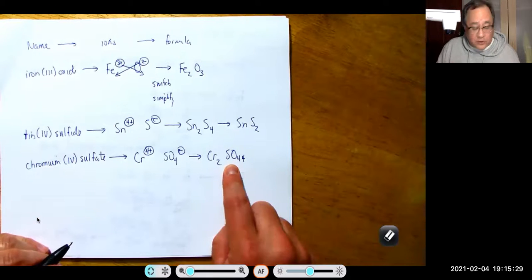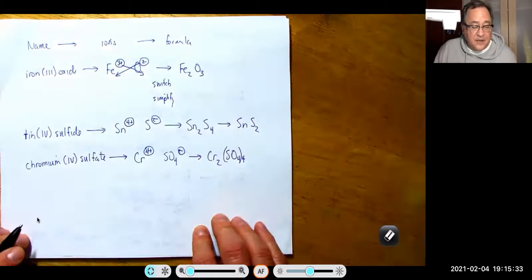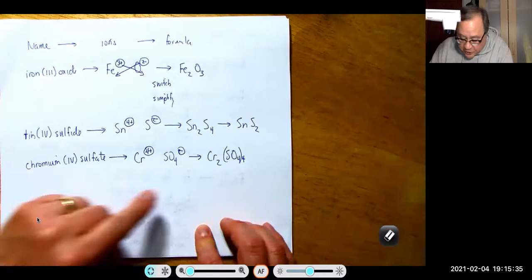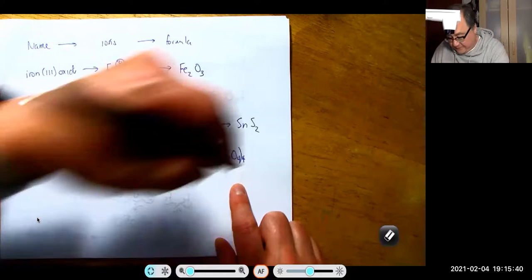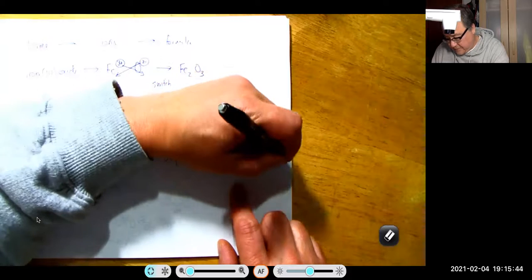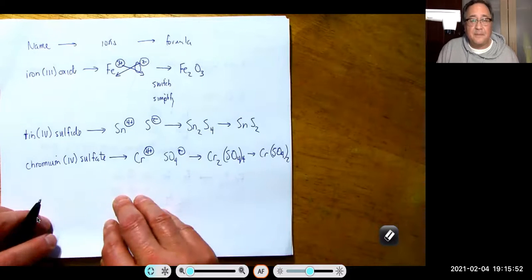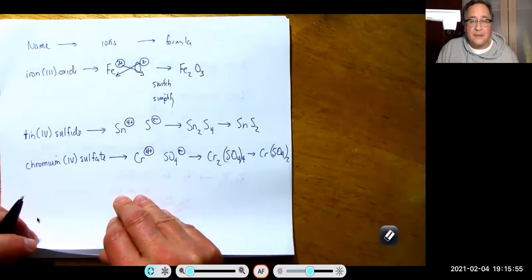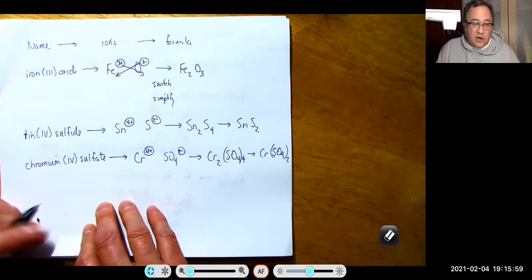And if we meant 4 sulfates, that's how you do it. Now to simplify, we look at this 2 and this 4 on the outside. And that's the simplified version for chromium 4 sulfate. Any questions about this one? Okay, no questions then. This is homework.